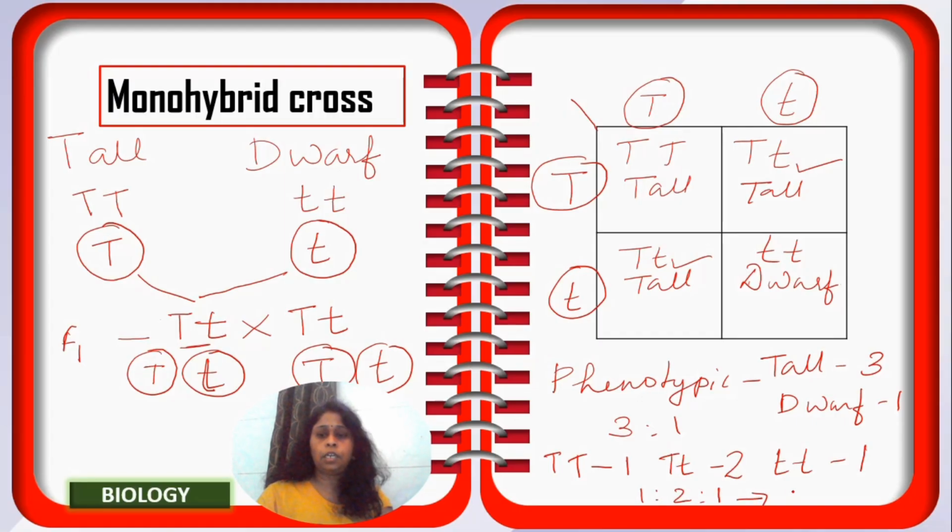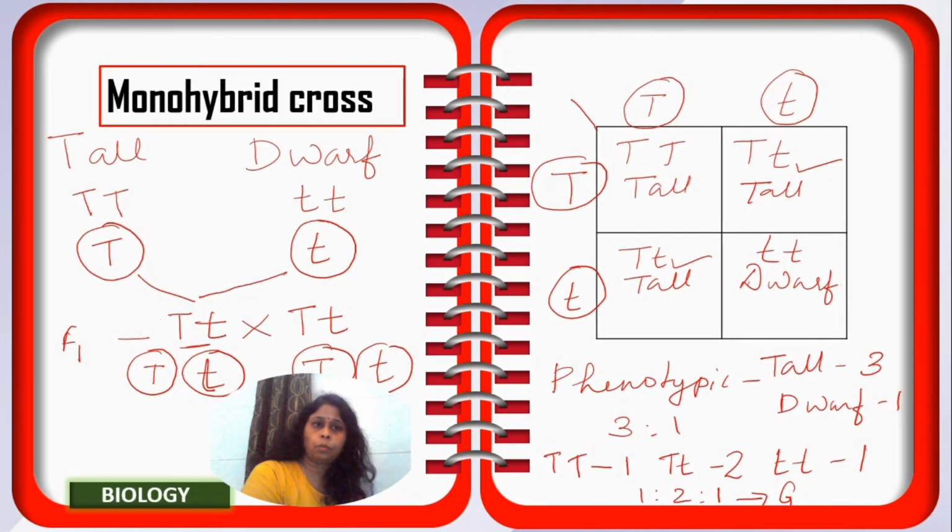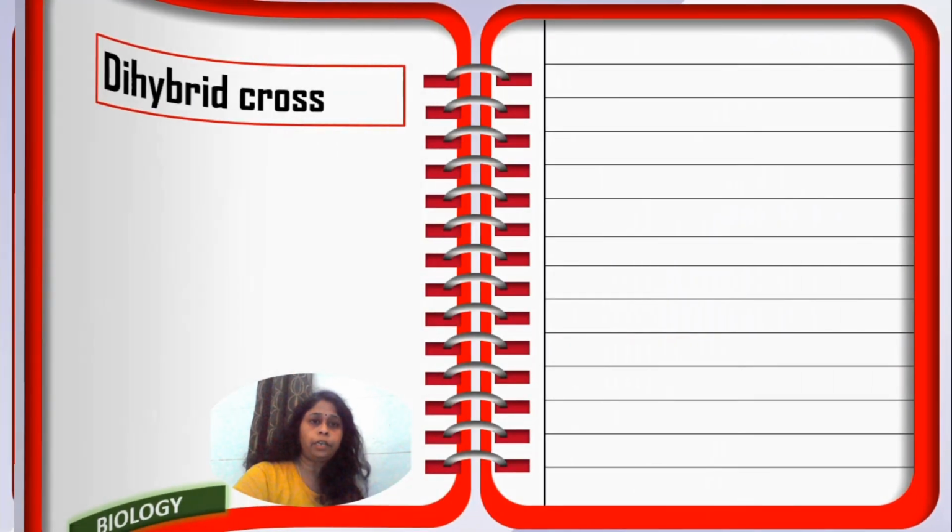So this is the genotypic ratio of the monohybrid cross. So the phenotypic ratio of monohybrid cross is 3:1, whereas the genotypic ratio is 1:2:1. Okay, clear?